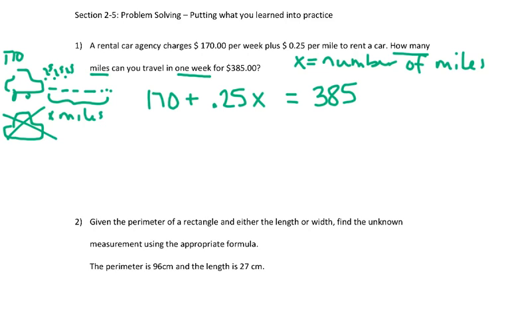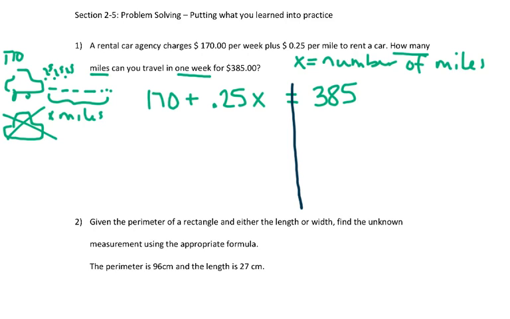Then I go ahead and solve it using the strategies I've learned in the earlier sections. There's no distributive property to use. Combining like terms on one side doesn't apply. The variable is already on one side, so step 3 is done. Now we need to get rid of addition and subtraction.